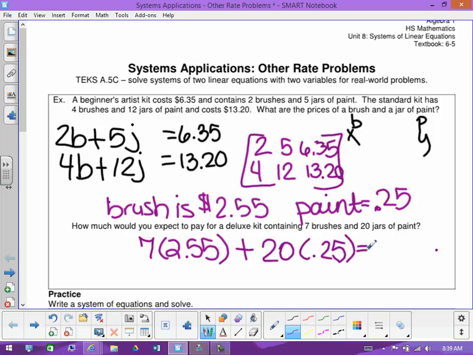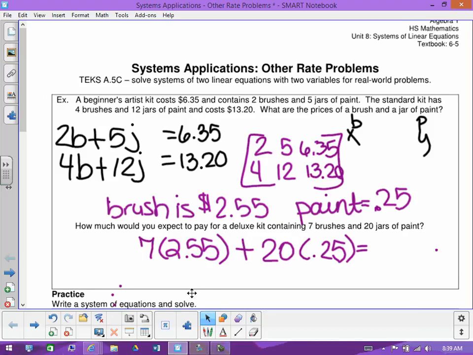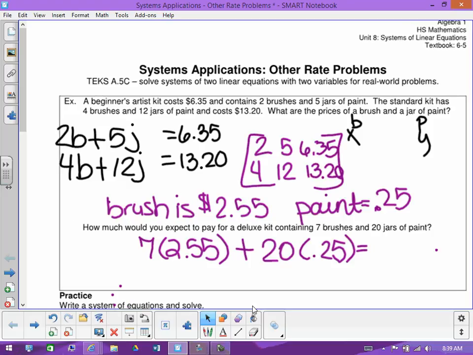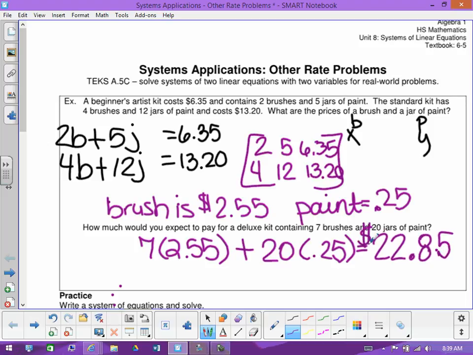You calculate and figure out what you get. Do the whole thing. You should be able to put it all in at one time. 22.85.